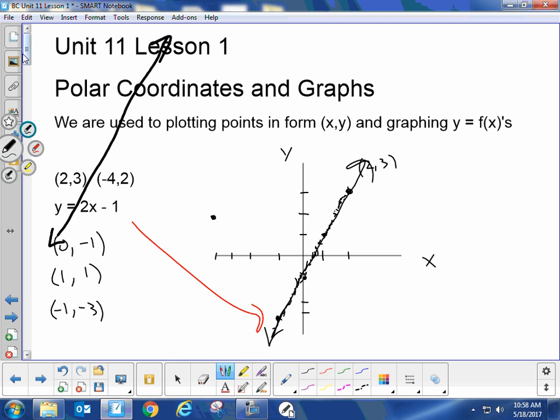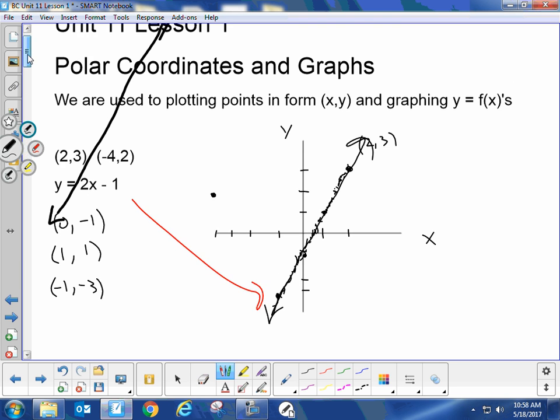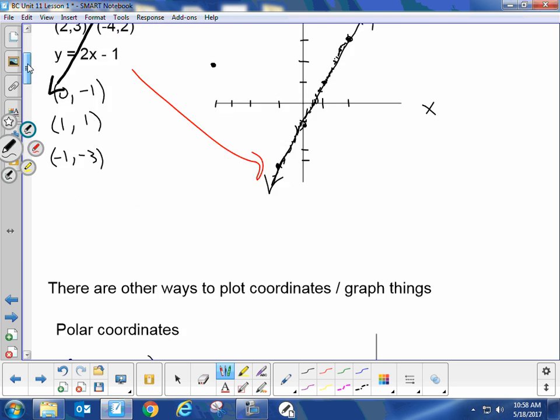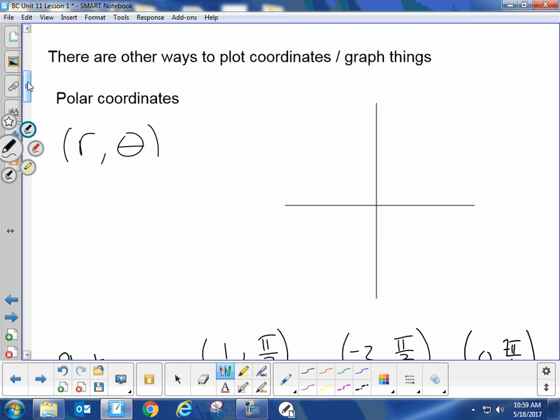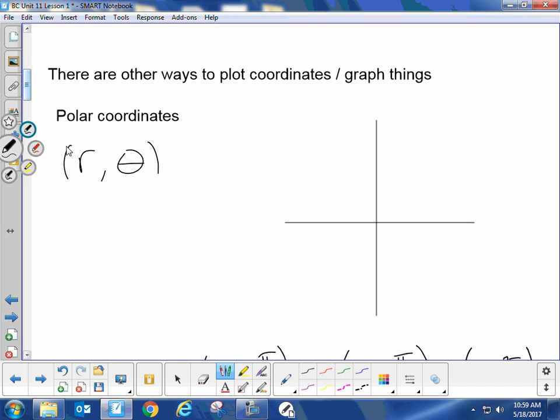Well, shift away from that old way of thinking to a new way of thinking. Polar coordinates. Polar coordinates are r's and thetas, not x's and y's. Now, we are going to plot (2, 3) in a second, but how we are going to plot that is very different than how we plotted x's and y's. So remove your minds from x's and y's.